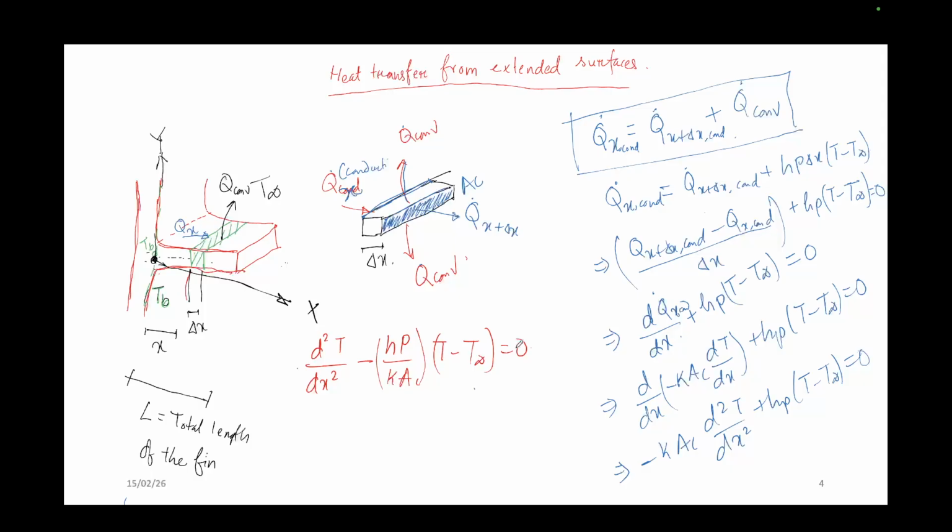Just check. So this is okay. So I am moving to the next slide. Just remember this equation. So what I have got, d square T by dx square minus h into perimeter. What is h?